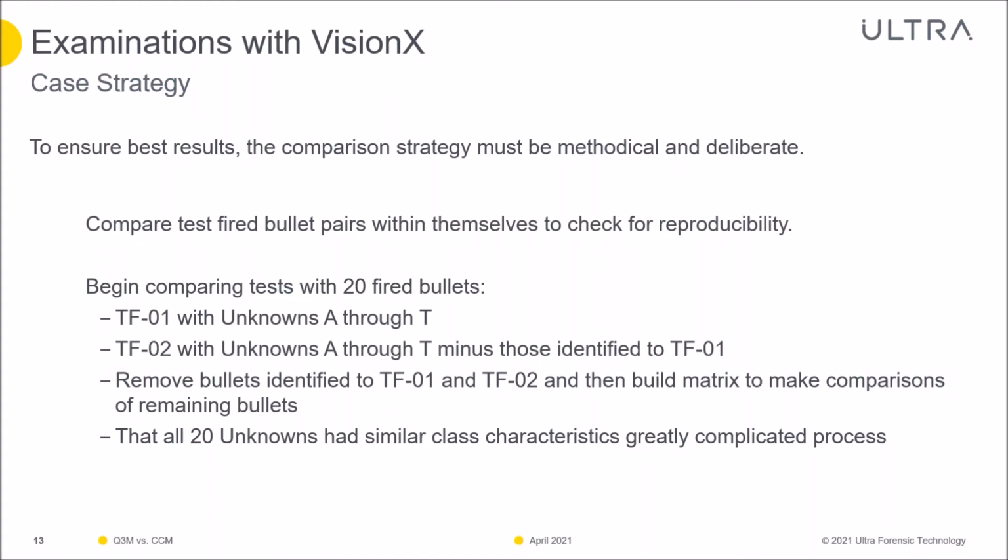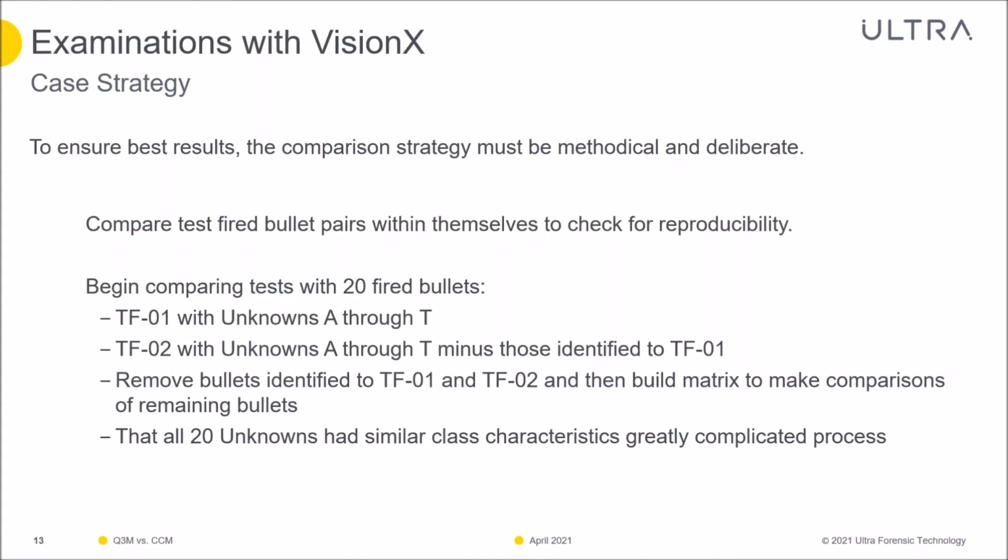Now, when I'm working with this many bullets, to ensure the best results, the comparison strategy must be methodical and deliberate. First, I want to compare the test-fired bullet pairs within themselves to check for reproducibility. And then I want to begin comparing the tests with the 20 fired bullets.